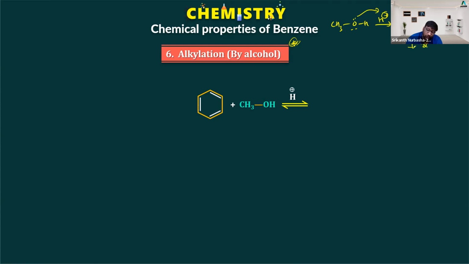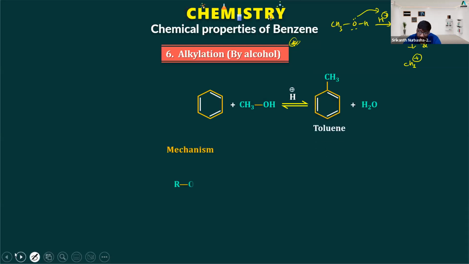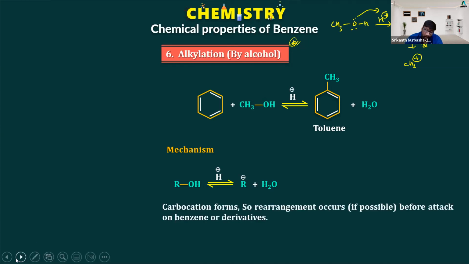That will undergo loss of water to form CH3 plus. That is the electrophile. That electrophile is going to be substituted, leading to the formation of toluene. Toluene and H2 is obtained. The mechanism is the same. ROH attacks H plus to form ROH2 plus, which will undergo cleavage to form R plus and H2O. Carbocation is formed, right?